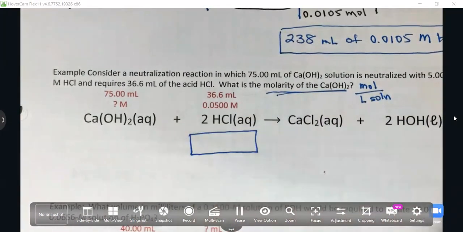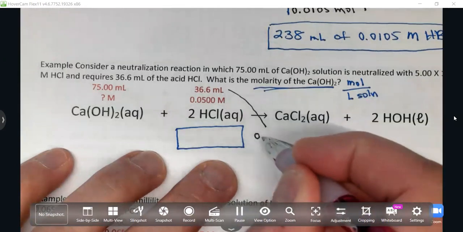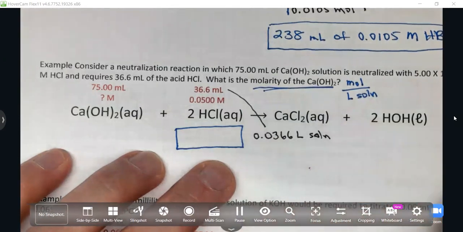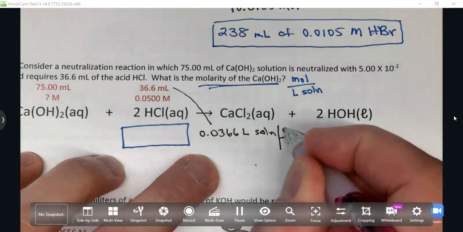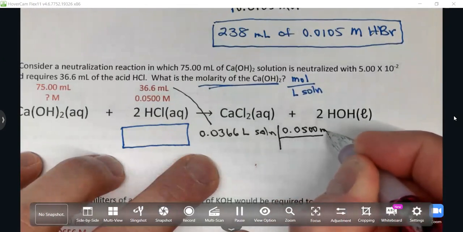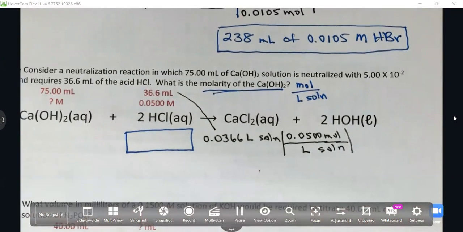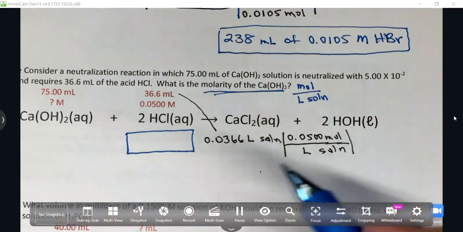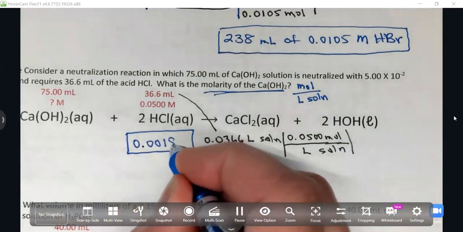And again, we don't need a periodic table. 0.0366 liters of solution, and 0.05 mole per liter. So it looks like 0.00183.